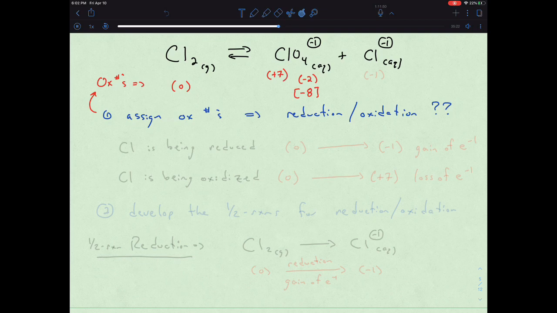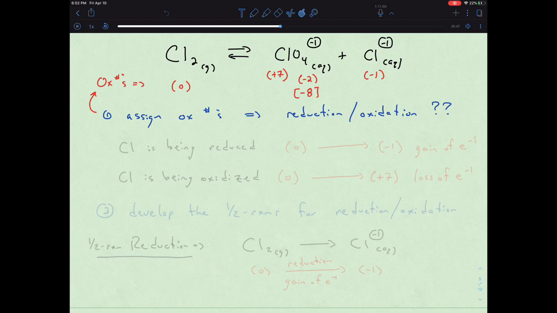Again, remember, the sum of the oxidation numbers should produce the charge on the molecule. So +7 from the chlorine, a total of -8 from the oxygens. That's where that -1 charge comes from. And then we have chloride on the end, -1, it's monoatomic, and so it also has that -1 oxidation number.